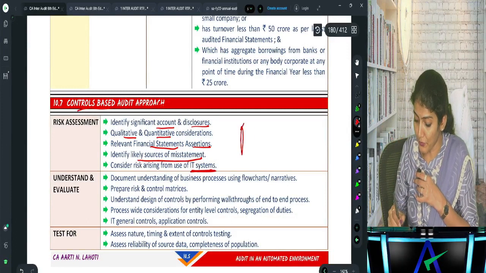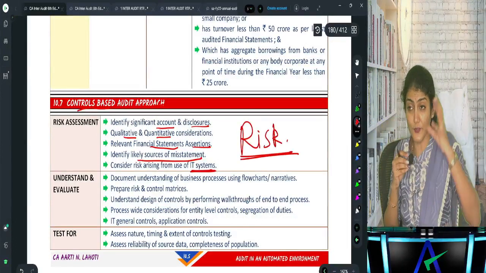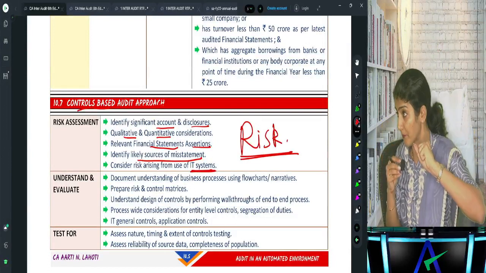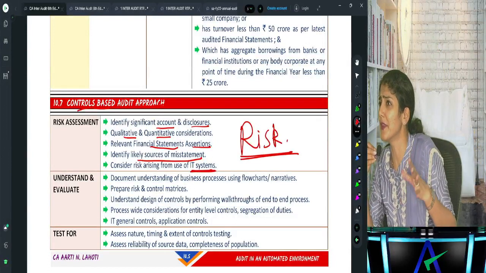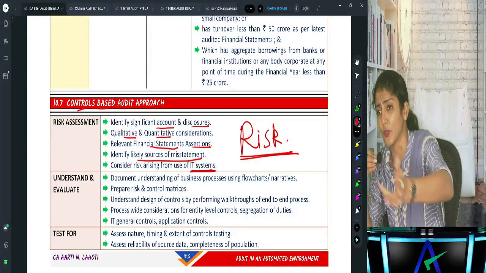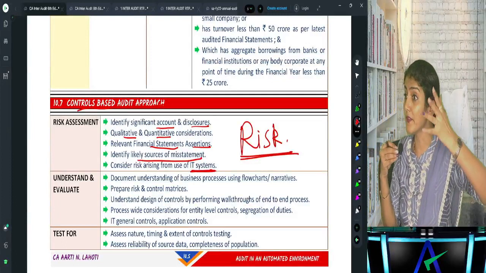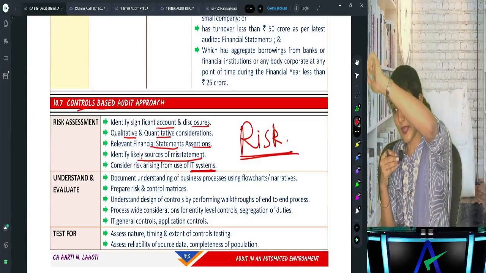So first, what you do over here, you do the risk assessment, but now risk in the context of the use of the computer. So identify the accounts. You see, oh, their depreciation is manually calculated. Then will I consider that account balance and disclosure over here? No. But I come to know, depreciation is calculated with the help of computer. Then that is a significant account and disclosure.